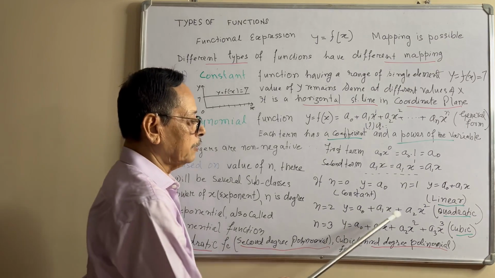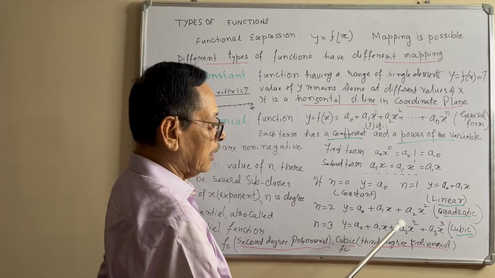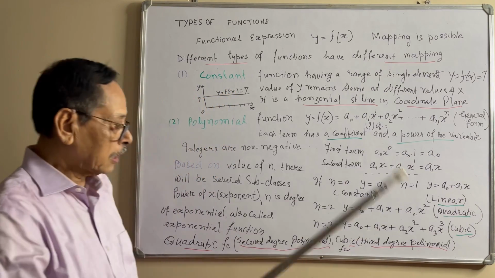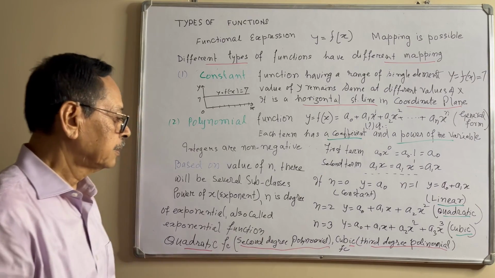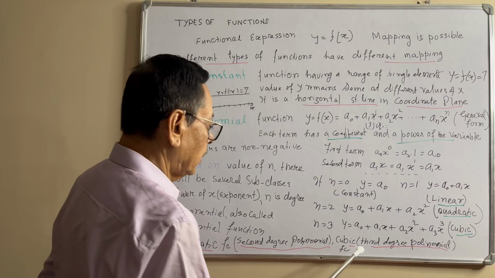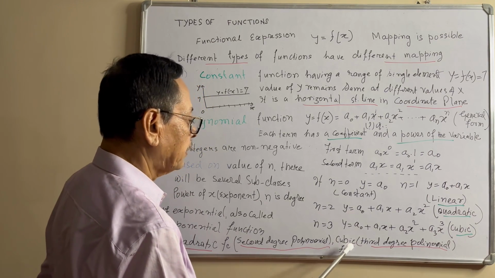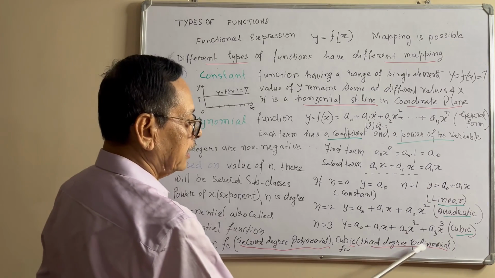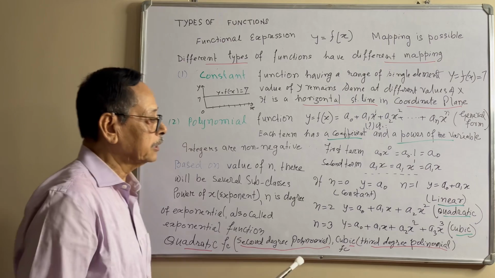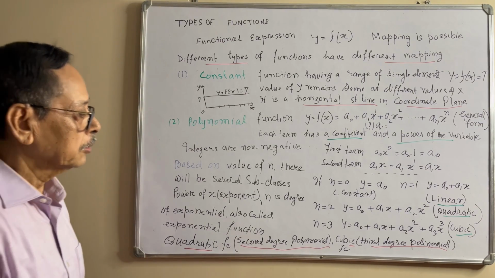So in a quadratic function generally we have three terms, and in a cubic function we generally have four terms.